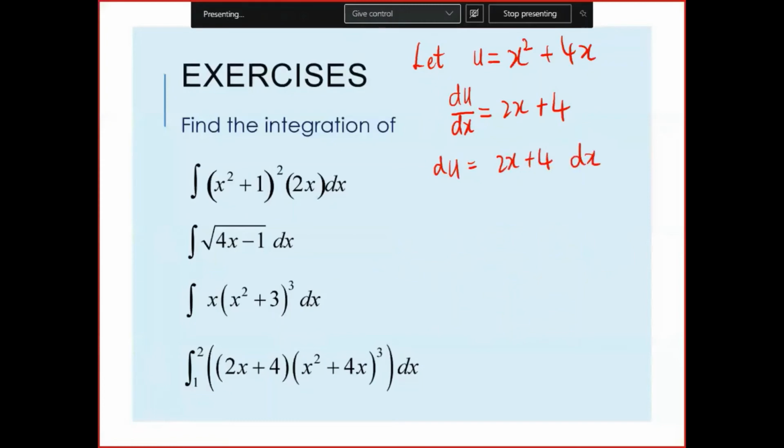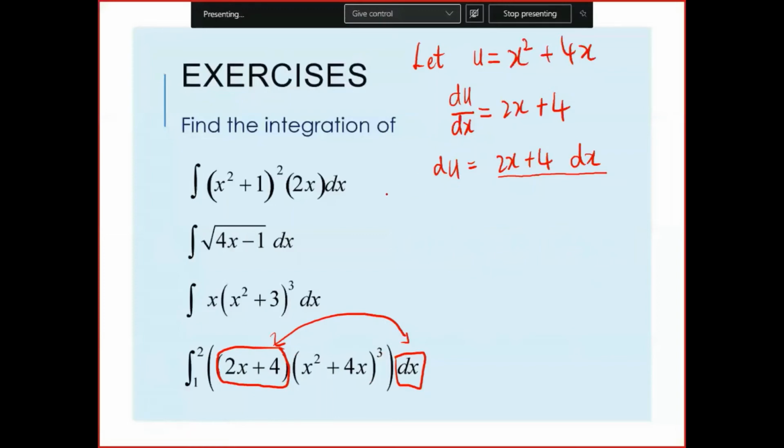Okay, now I'm going to introduce another method here. Now, can you see this one? 2x plus 4 dx is actually the combination of this one with this one. These two, right? So then we actually can combine these two and let it be the du.